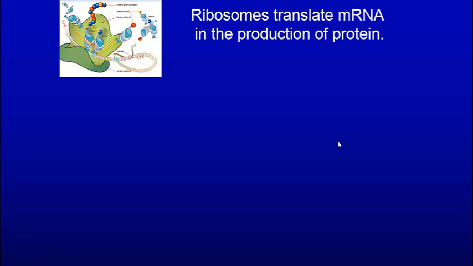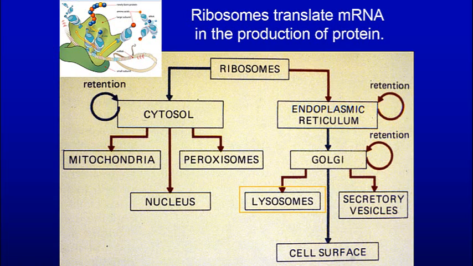Ribosomes translate messenger RNA to produce proteins. And here you can see ribosomes, some of which are free in the cytosol. Those proteins go into peroxisomes, mitochondria, and the nucleus. Today we'll see it in mitochondria.